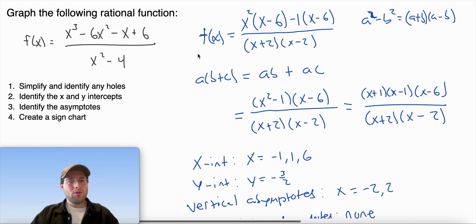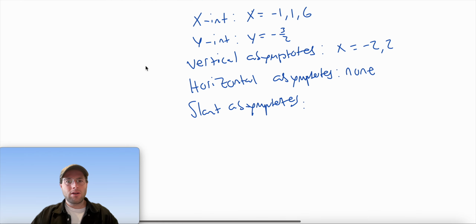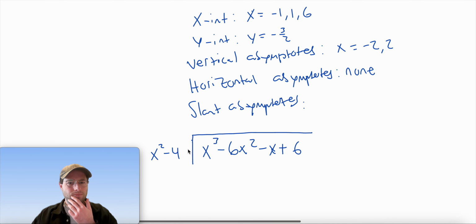So we want to divide the numerator by the divisor and find the quotient that comes out. So I'm going to go down here. I think the numerator was x cubed minus 6x squared minus x plus 6. And we're dividing that by the denominator x squared minus 4.